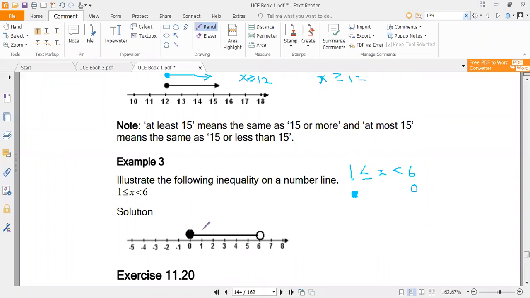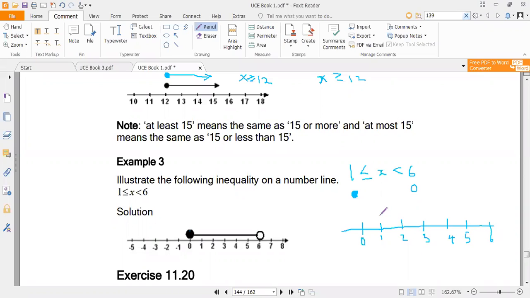If we are to present this on a number line, it is supposed to start from 1. If we are to draw ours here, 0, 1, 2, 3, 4, 5, and 6.